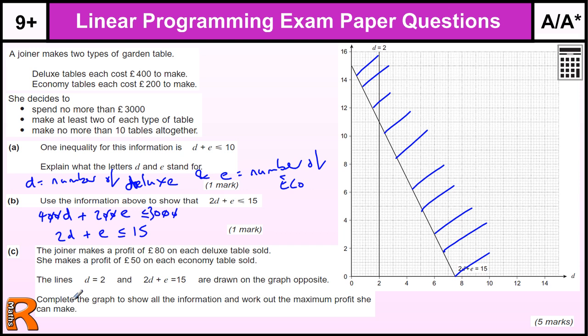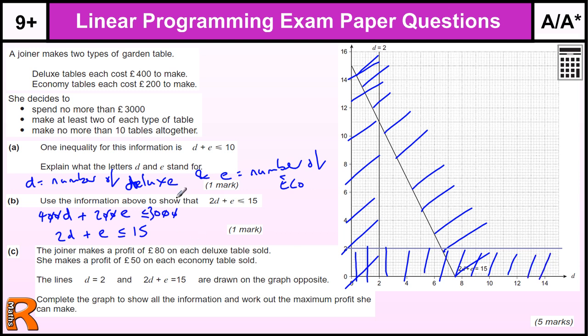We need to make at least 2 of each type of table, so you can't have less than 2 deluxe tables, and similarly you can't have, let's draw the line in for that, less than 2 economy tables. So there's a line going in there as well. So we won't want this side of that, so let's rub that out.